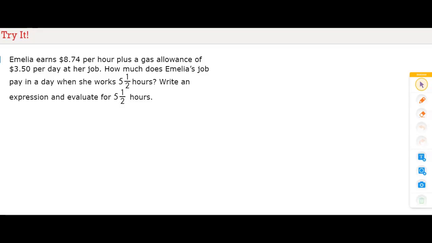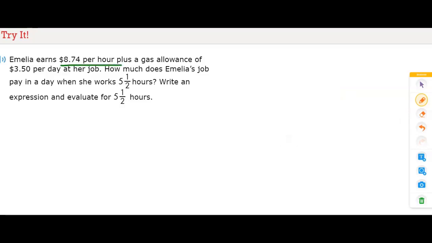Amelia earns $8.74 per hour, plus a gas allowance of $3.50 per day at her job. How much does Amelia's job pay in a day when she works for 5 1/2 hours? Write an expression and evaluate for 5 1/2 hours. Let's identify important information.